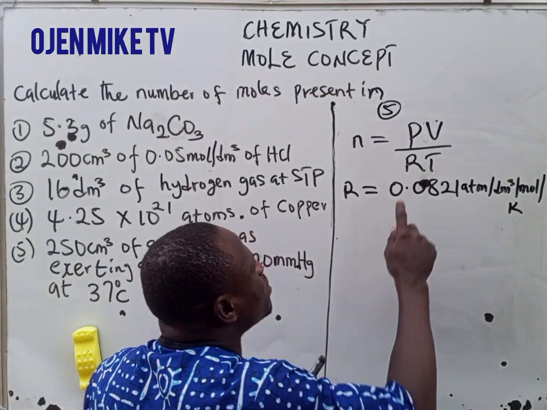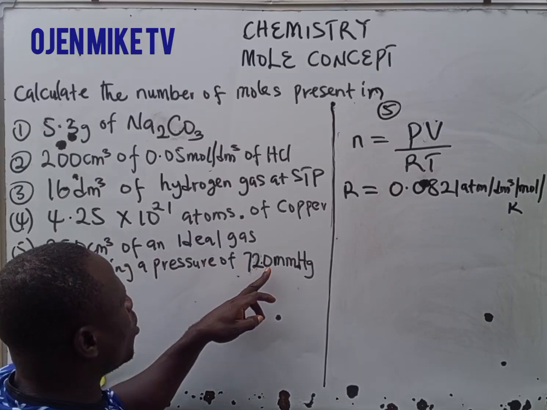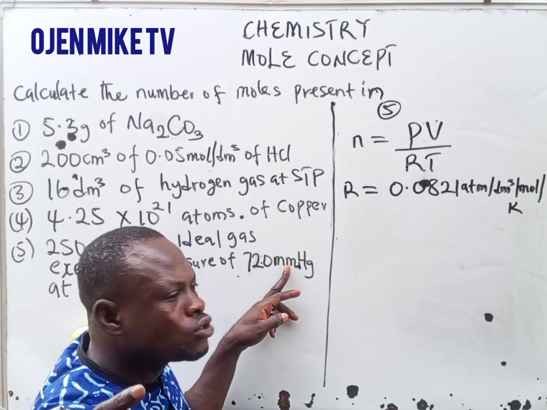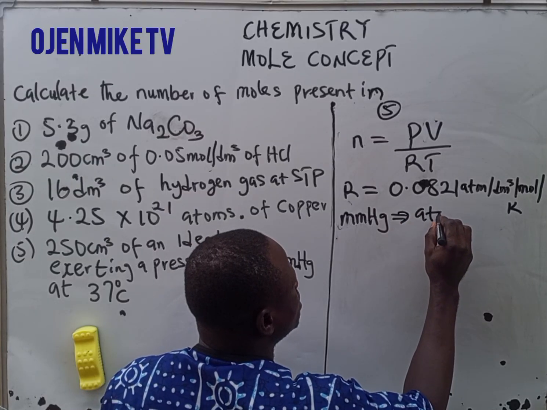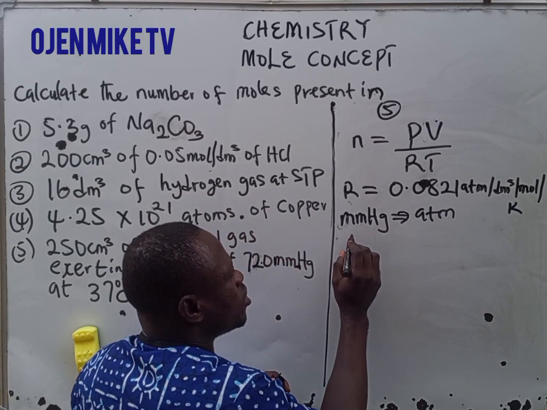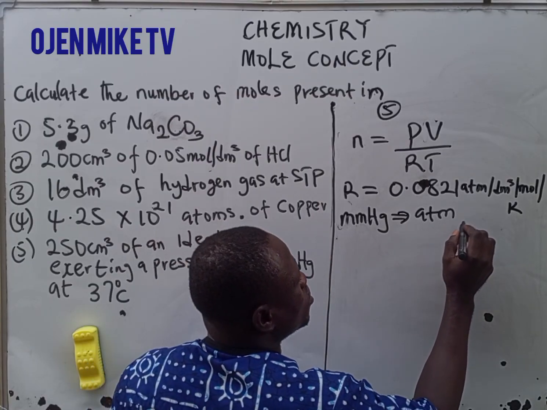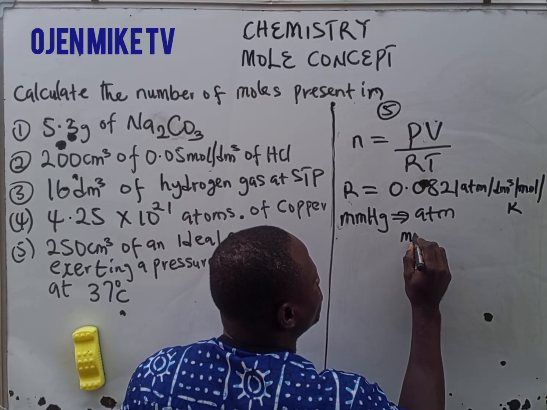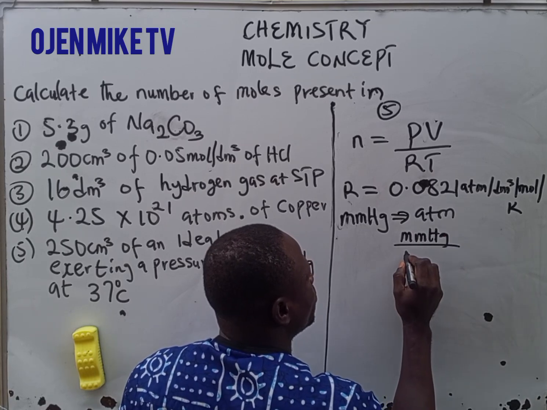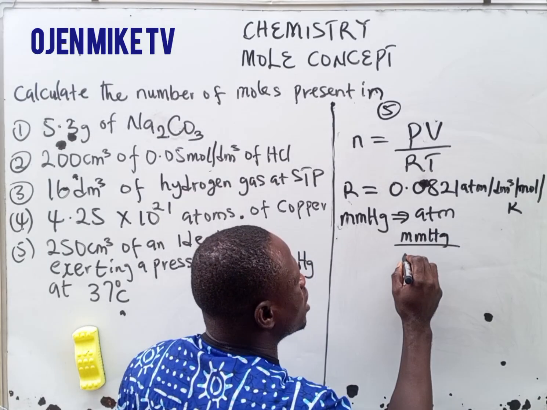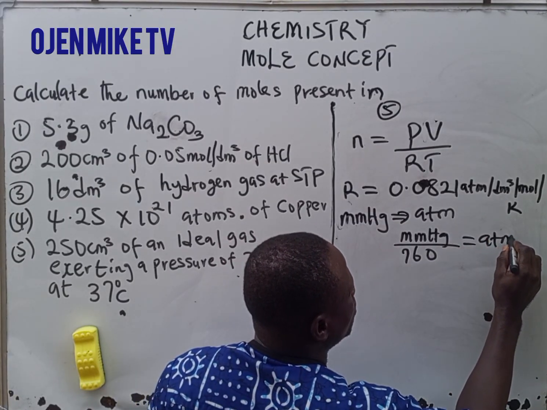Now how do you convert the pressure? Look at this question. Pressure is given in millimeters of mercury. How do you convert it to atm? You take the mmHg divided by the constant, 760, which equals atm.